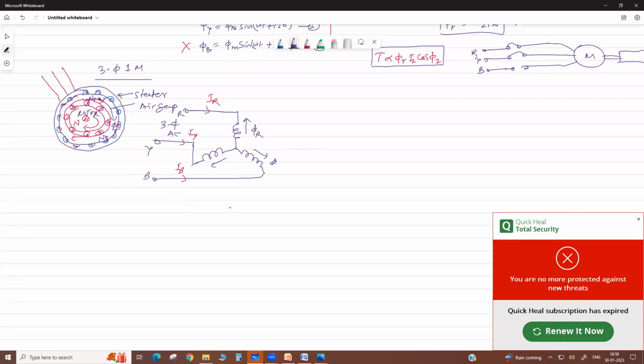If a balanced AC supply is put here, then a balanced three-phase flux will be produced, like this.